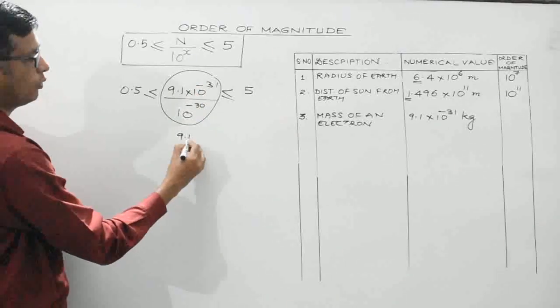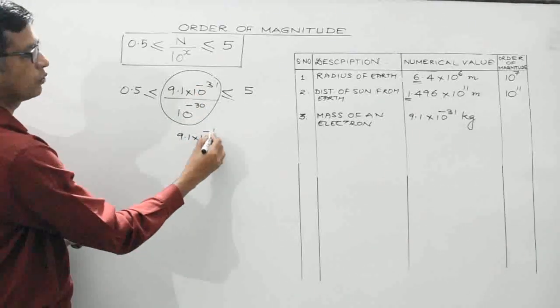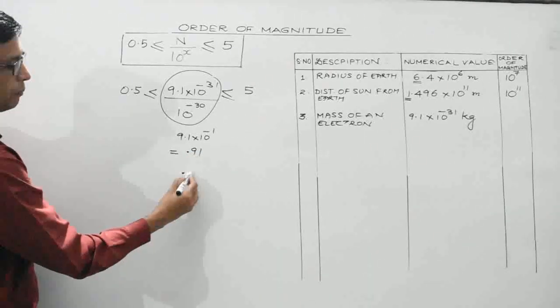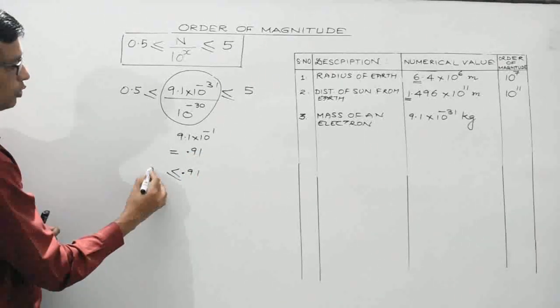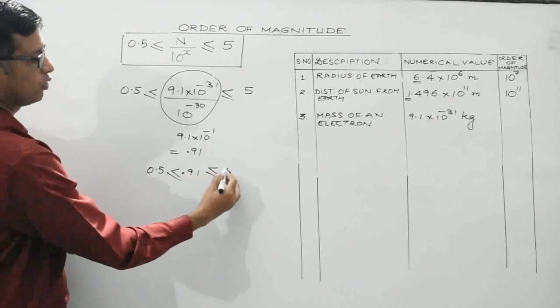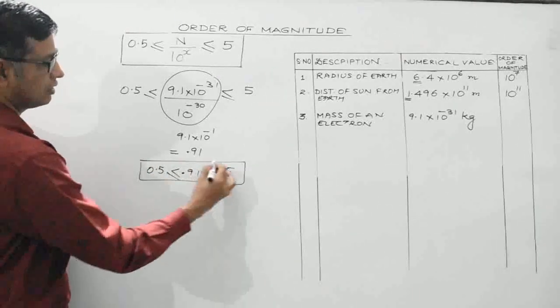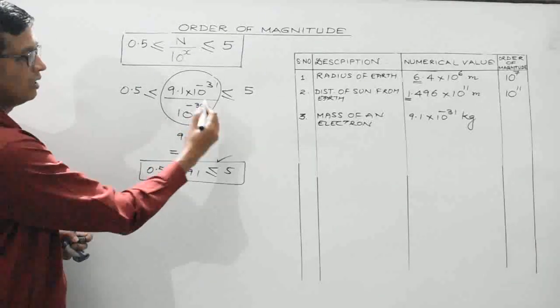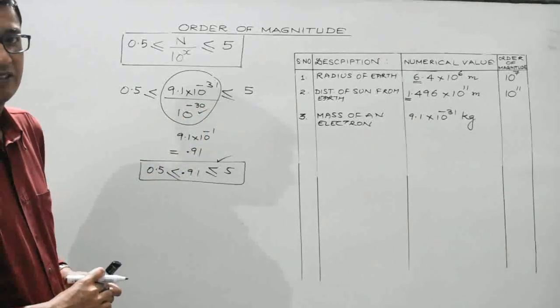It will be 9.1 into 10 raised to minus 1, so that will become 0.91. Now 0.91 is greater than or equal to 0.5 and less than or equal to 5. It is satisfying this condition. So the order of magnitude is 10 raised to power minus 30.